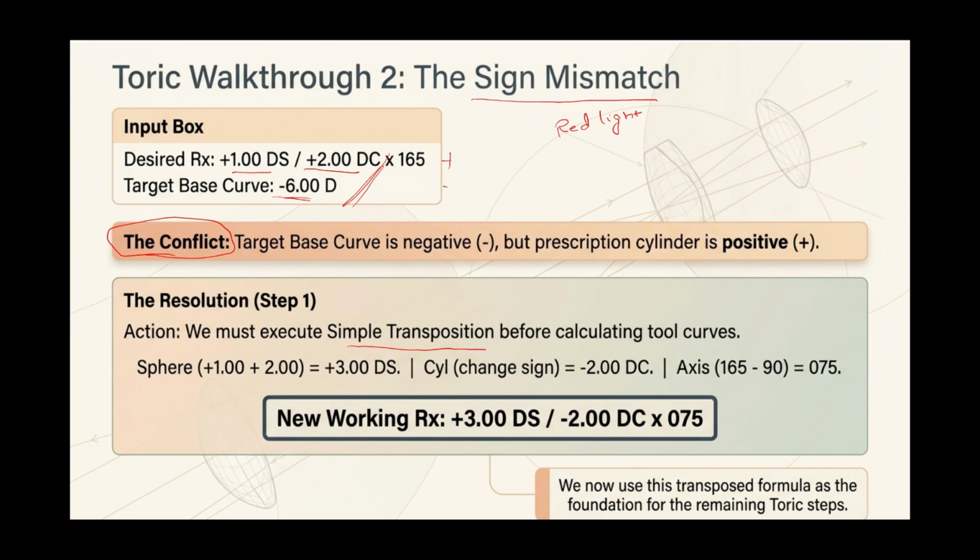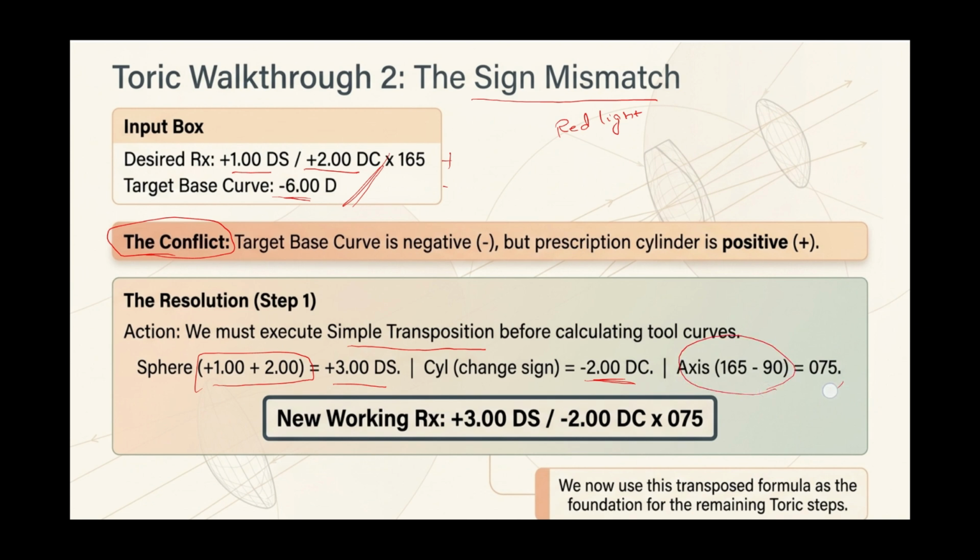So the simple transposition, what are the steps of doing a simple transposition? We have to do an algebraic sum of the sphere and the cylinder, which leads us to +3 diopter sphere. We change the sign of the cylinder, so instead of +2, that has become -2 diopter cylinder, and rotate it by 90 degrees.